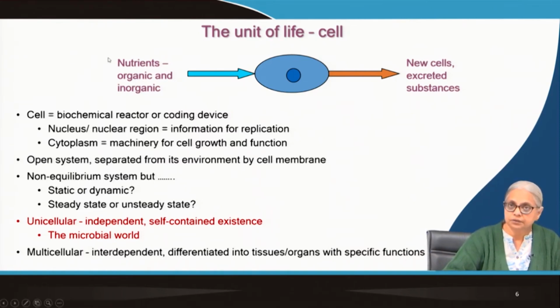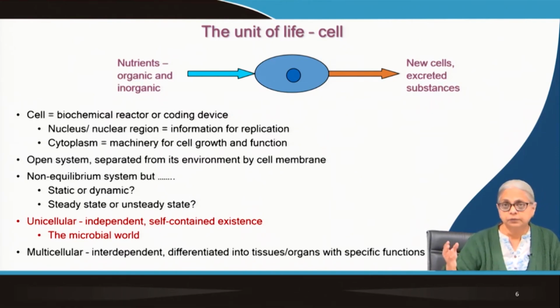So all this is the new biomass. In the process of reproduction as well as growth, new cells will be created and some amount of waste will be generated. So these excreted substances, they may be fragments of biopolymers, they may be fragments of macromolecules, they may be fragments of DNA, whatever they are, they're going to be excreted back into the environment. Okay, so this is our basic understanding. This is the simplistic understanding of how a microbial cell can survive in the environment.